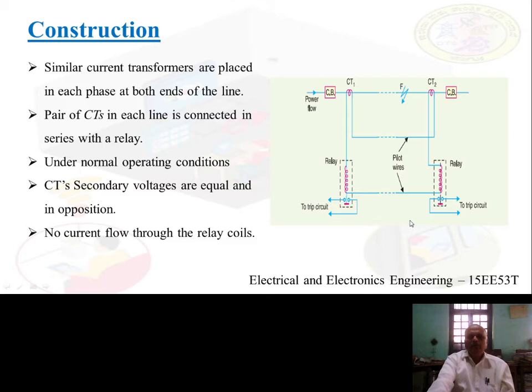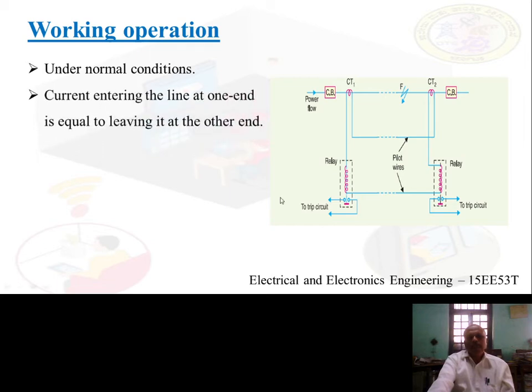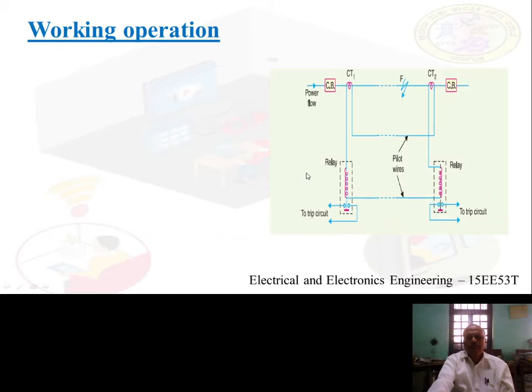Under healthy condition, the current entering the line at one end is equal to that leaving it at the other end. Therefore, equal and opposite voltages are induced in the CTs. As a result, no current flows through the relays.